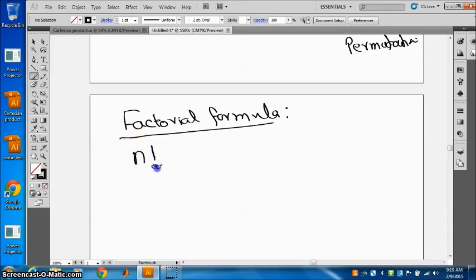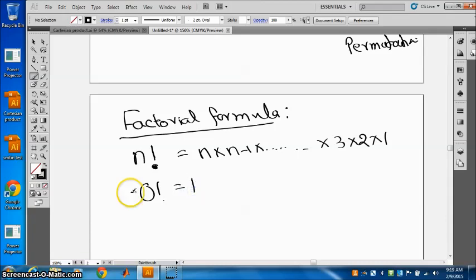This is equal to n multiplied by n minus 1, multiplied by 1 less, till we get the last number as 1. This is factorial n. Remember that factorial 0 is always equal to 1.